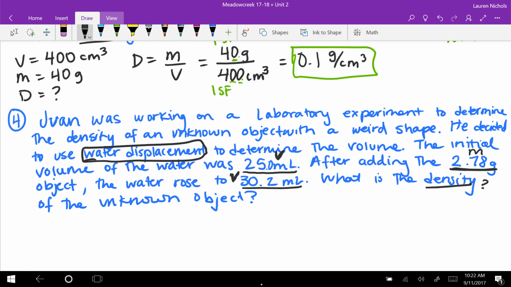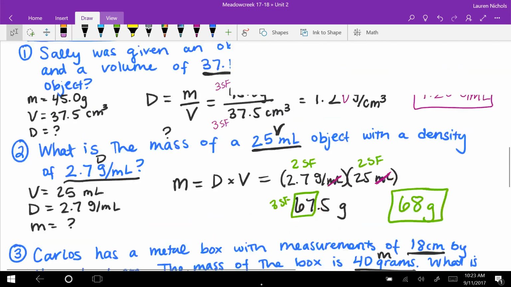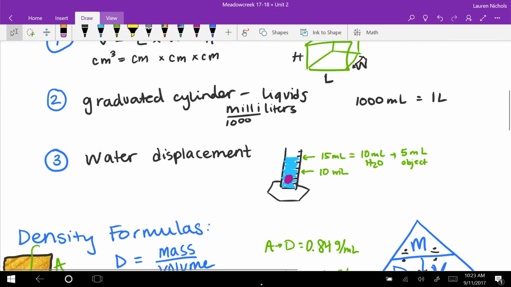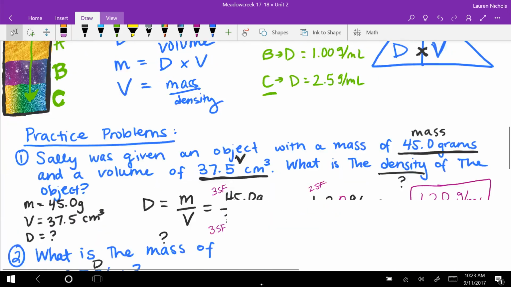Now remember, in order to solve water displacement, if we go back up to our notes about it, my screen appears to not want to scroll. There we go. If we go back up to water displacement, we know that we put it in a graduated cylinder, the water level rises, and we subtract our 2 volumes.